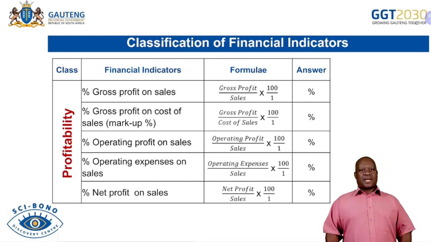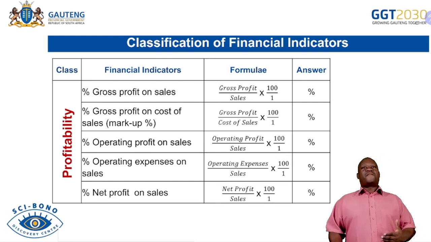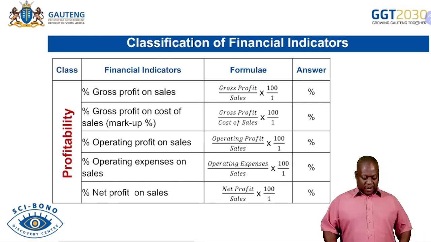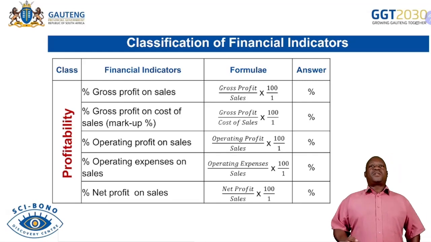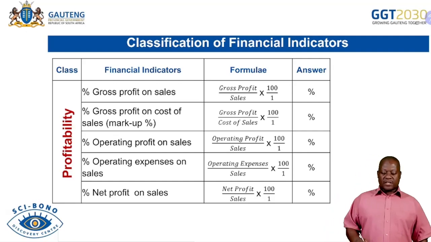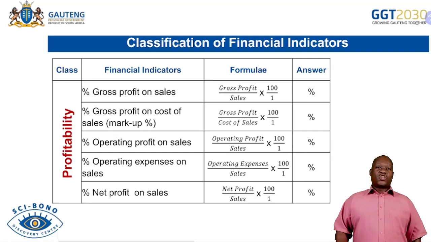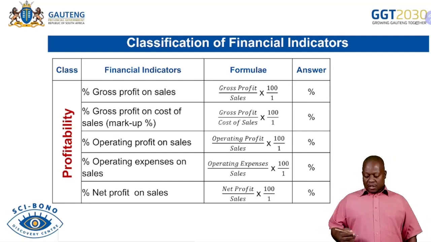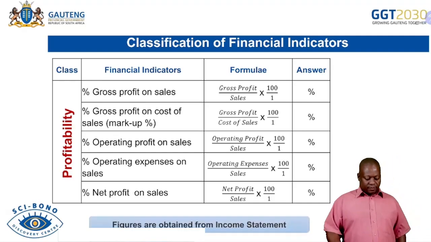And please take note, you are given a formula for every indicator. Let's just look into the first one, for example, gross profit on sales. Now, what is the formula for that? It's gross profit divided by sales. And then we multiply by 100 because every time the answer should be a percentage. So please take note of this.